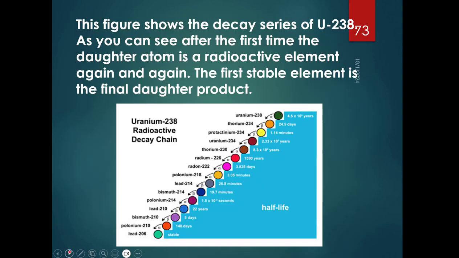So now this is really interesting: when you start with, let's say, uranium 238, it's not going to be just one decay to make it into lead, which is the final product, which is not radioactive anymore. Most of the time, there is more than just one step. Here is the uranium 238.